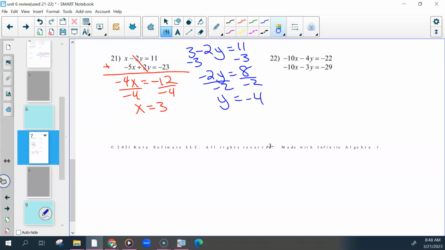So y equals negative 4, and you would write your final answer in parentheses. If you wanted to double check that this works, you could put 3 and negative 4 into both x and y for both equations. Solve them, see if they work. Other elimination questions?